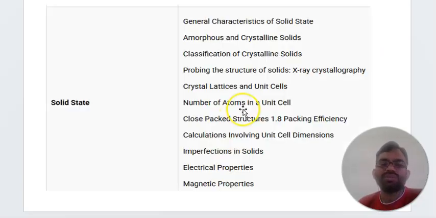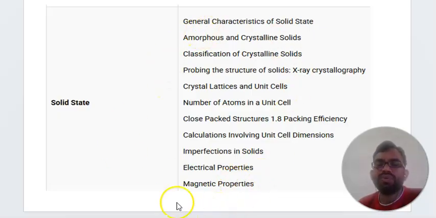Now, coming to the solid state in our intermediate second year chemistry, the first chapter is solid state. In solid state you can take these important subtopics: general characteristics of solid state, amorphous and crystalline solids, classification of crystalline solids, and probing the structure of solids, X-ray crystallography, crystal lattice and unit cells, number of atoms in a unit cell, close packed structures, packing efficiency and calculations involving the unit cell dimension, imperfections in solids, electrical properties and magnetic properties.